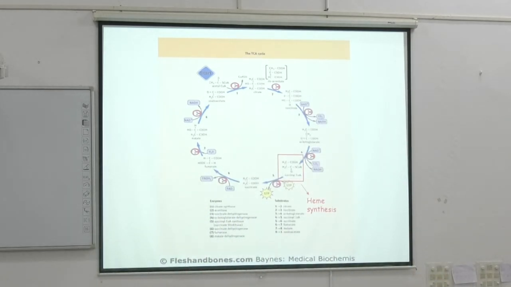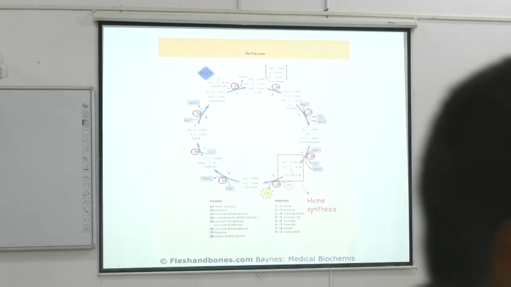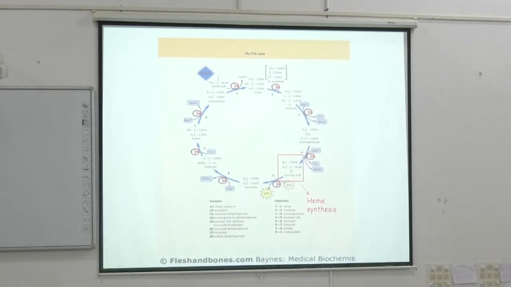Alpha ketoglutarate will be acted upon by oxalosuccinate. Give me the enzyme, man. One of the students did give a correct answer. Succinyl-CoA synthase. Before this structure came into formation, was there any coenzyme A? Yes or no? There was no coenzyme A. Right. Oxalosuccinate. From there you produce succinyl-CoA.